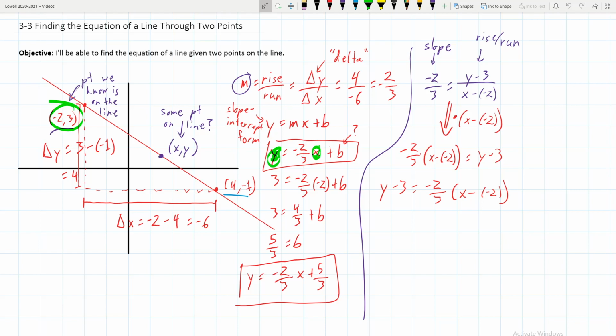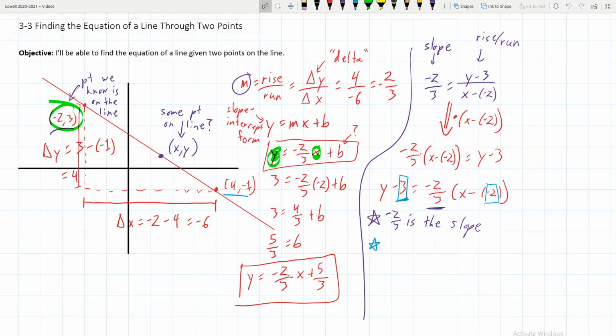Now, what exactly do we see here? I want to make 2 observations. One, negative 2/3 is the slope here. Another observation right here is that this 3 and this negative 2, those aren't super random, but we actually see that these are the coordinates for that point that we know on the line.